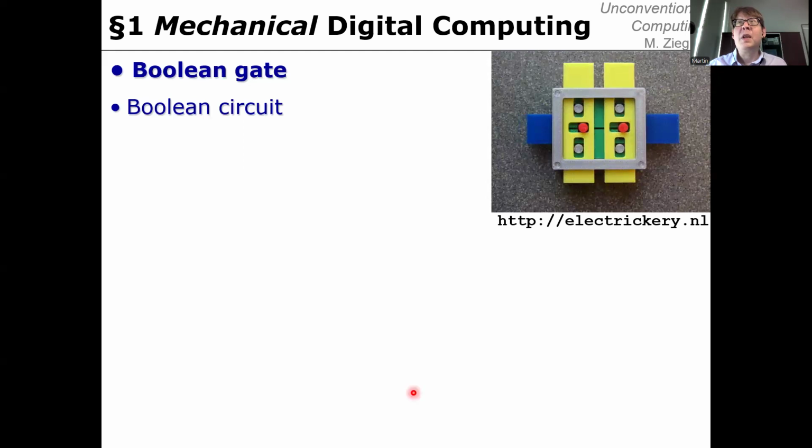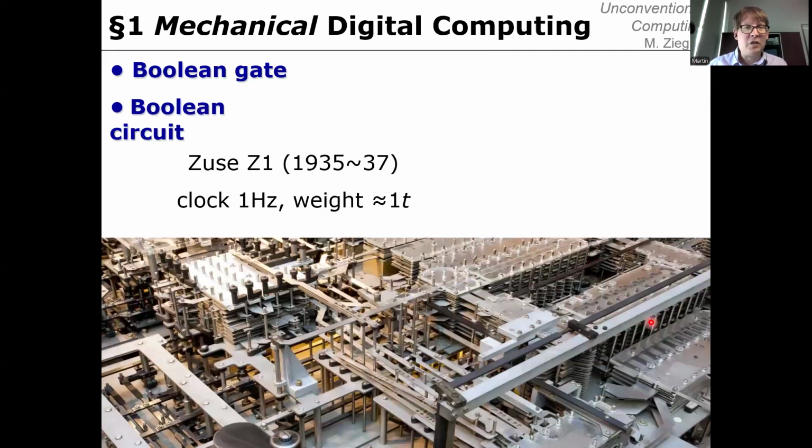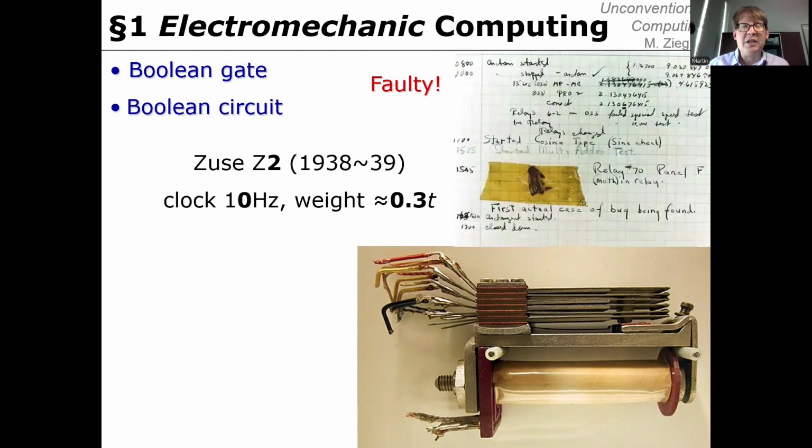Okay, so that being said, let's now move on with a recap. The mechanical Zuse Z1 computer had many faults and didn't run for a long time. That's why Zuse replaced it with an electromechanical computer using relays.